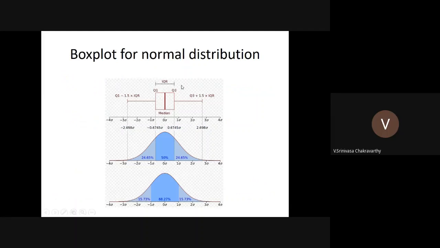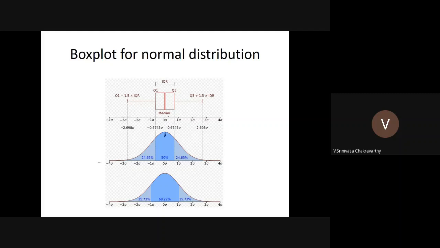So you can draw a box plot corresponding to the normal distribution like this. Because the normal distribution is symmetric, the mean is the same as the median. So the peak point is also the median. And you take the IQR, right, as Q1 and Q3, and Q1 minus 1.5 times IQR you take as a minimum, because the Gaussian distribution goes all the way to minus infinity on one side and plus infinity on the other side.